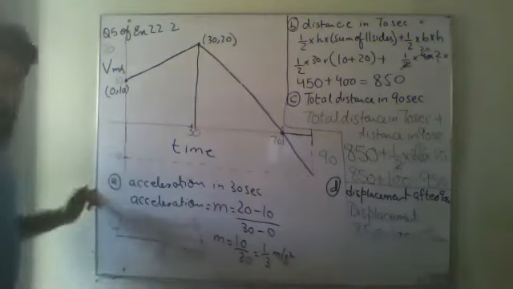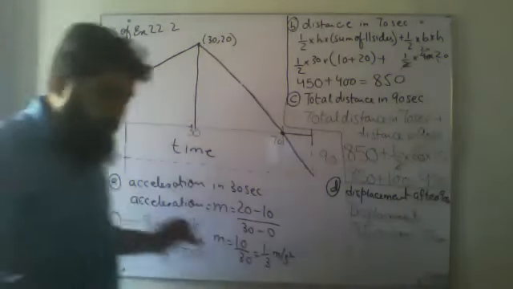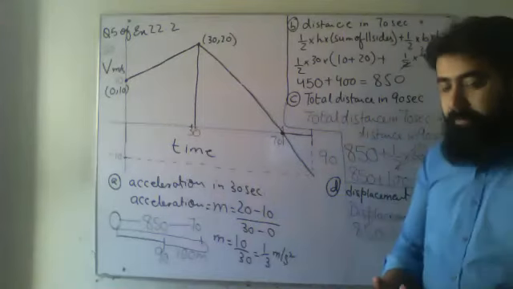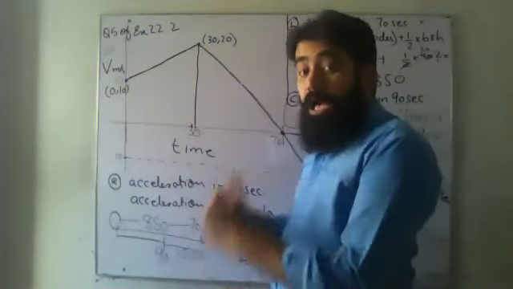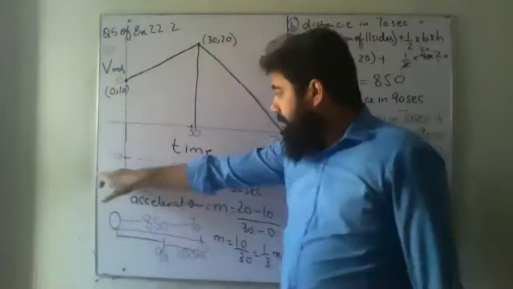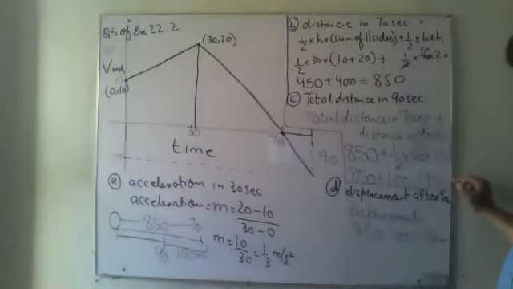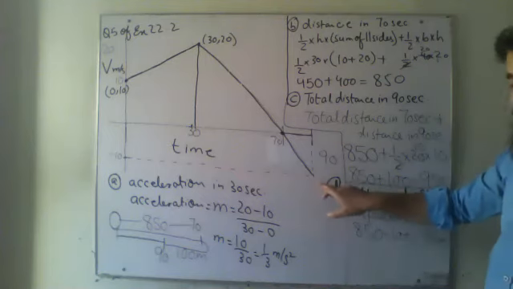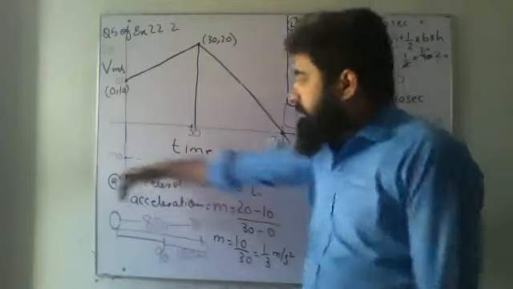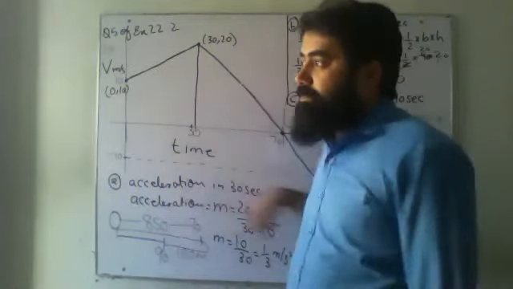For instance, this is my starting point. I am going over here, over here, over here. I have reached this point. Now I have turned back. I have stepped over here. How far am I from this starting point? How will you find it? You will find this whole thing, then you have got the distance till this point. You will subtract this distance and you will get this much.